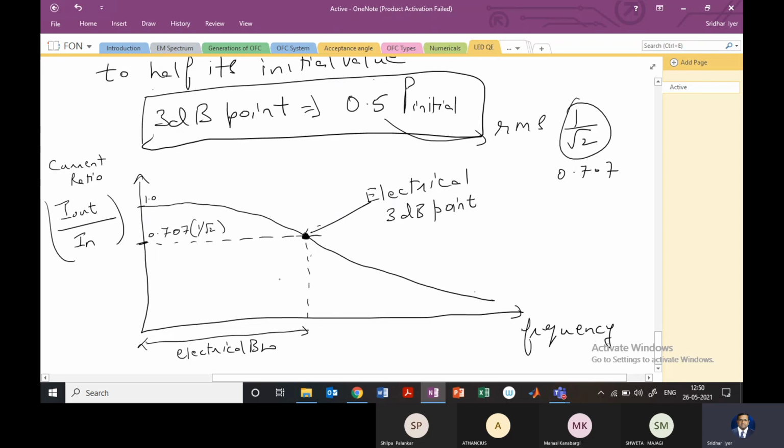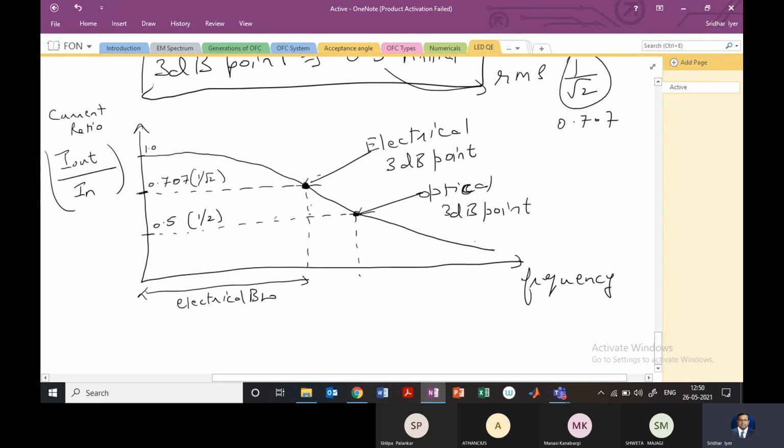In terms of the optical bandwidth, you will always get an inflated point, and that point will come somewhere here, where you will get an inflated value of 0.5. This will become the optical 3 dB point, and therefore you can see that the optical bandwidth will be larger than the electrical bandwidth, and because of that we always prefer to use an optical system.